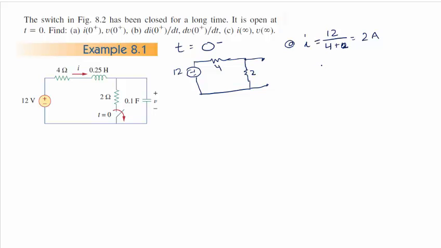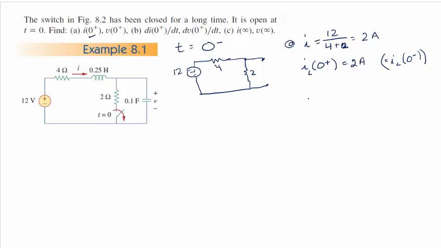Well, the current cannot change instantly. There is an inductor right here, and the current will not change instantly. So that means that I in the inductor at time 0 plus must equal this 2 amps. And it's also just equal to I in the inductor at time 0 minus. They are the same. So that's the first one that we get.